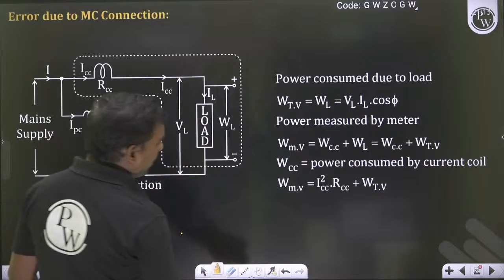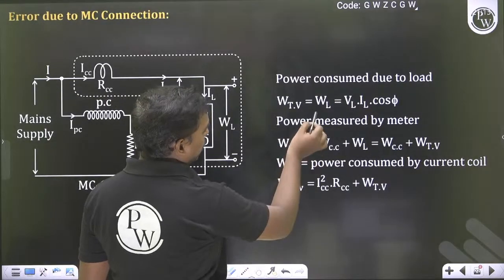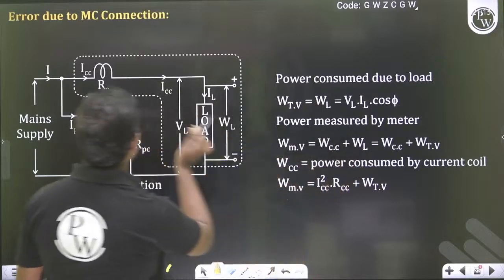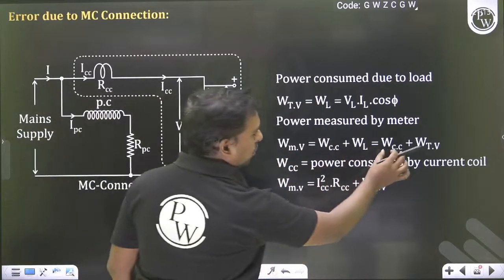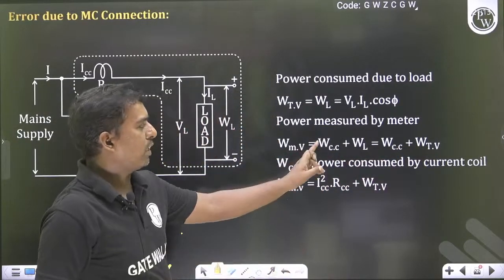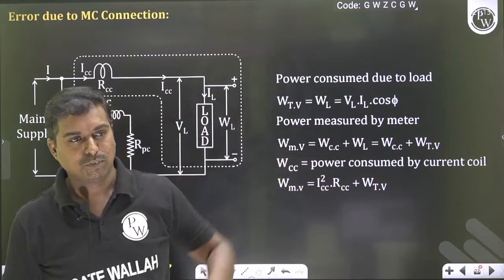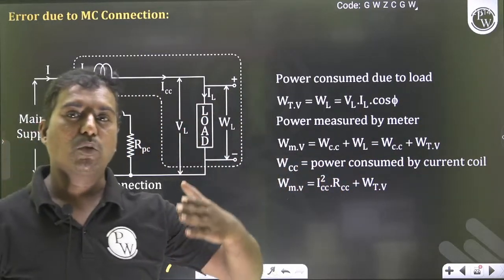But power measured by the meter is what? In addition to this true value, in addition to this power consumed by the load, we are also having the power consumed by the current coil. So इसका expression क्या होगा? Power consumed by the current coil plus power consumed by the true value. That means measured value will be more. Try to understand? Measured value हमको extra आ रहा है.